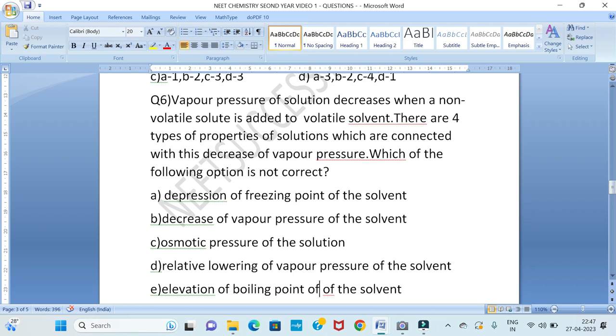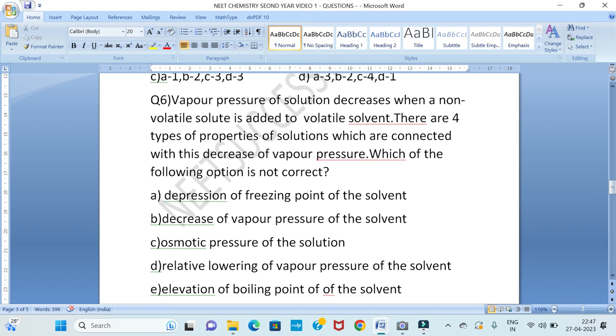So there are four types of properties of solutions which are connected with the decrease of vapor pressure. Why decreasing? A non-volatile solute is added to a volatile solvent. Volatile solvent means liquids.